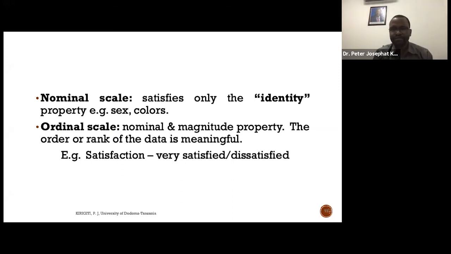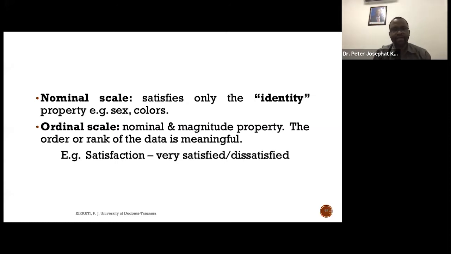So when you are planning for the analysis of a survey, you have to determine whether your variables are on the nominal scale. Another one is the ordinal scale. The ordinal scale satisfies 2 properties: the property of identity and the property of magnitude.